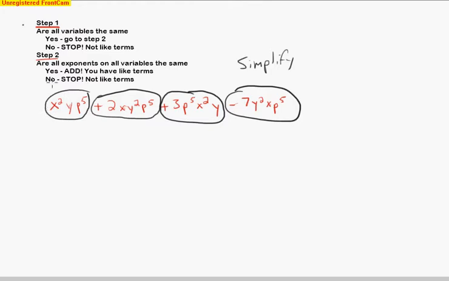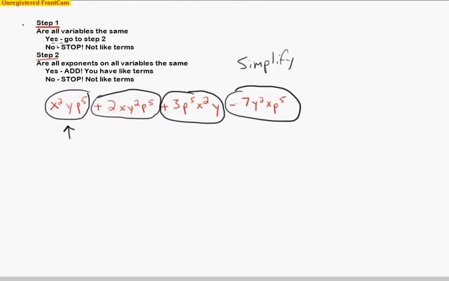So let's see if any of these are like terms. We start with step 1. Let's just look at this guy here and see if there are any like terms with him. So we start with, are all the variables the same? Well, let's check the variables here. Coefficient doesn't matter as far as whether something is a like term or not. We've got an x, y, and a p, and we've got an x, y, and p.